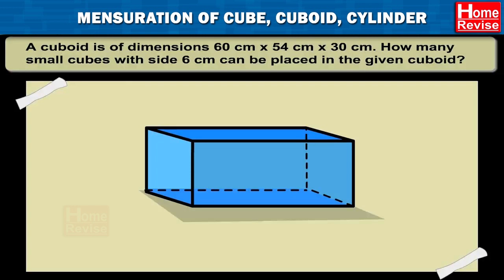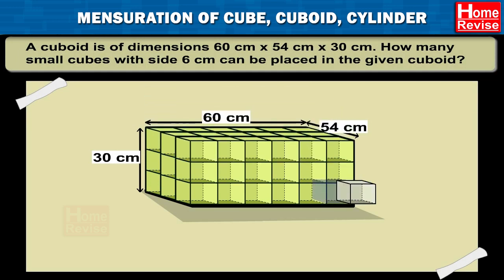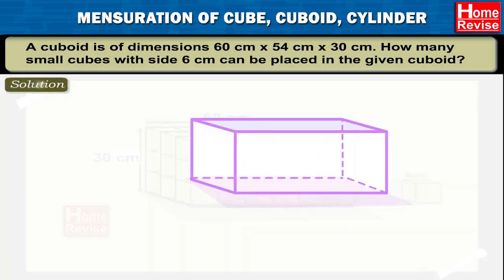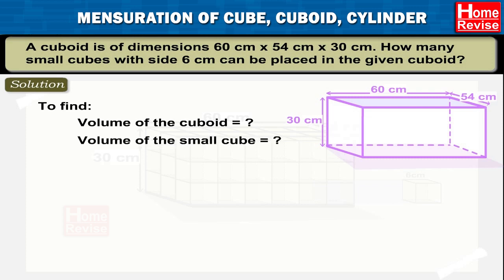A cuboid is of dimensions 60 cm by 54 cm by 30 cm. How many small cubes with side 6 cm can be placed in the given cuboid? Solution: we will have to find out the volume of the cuboid and the volume of the small cube.